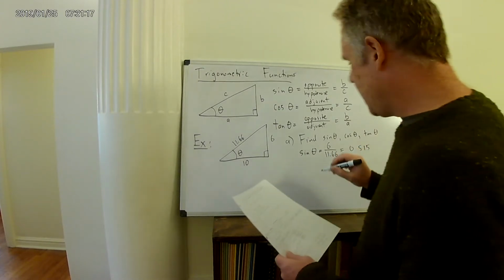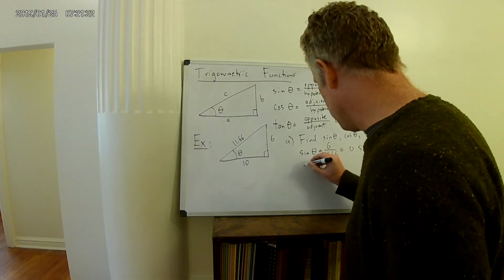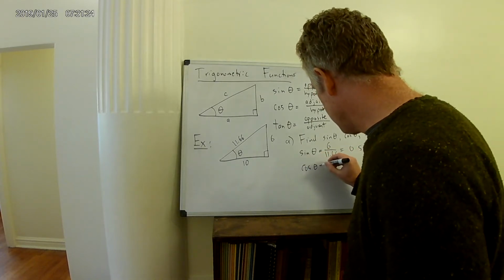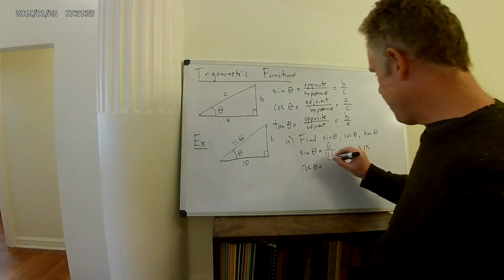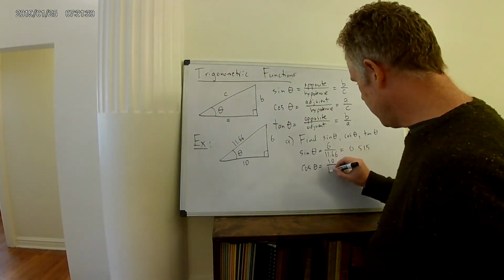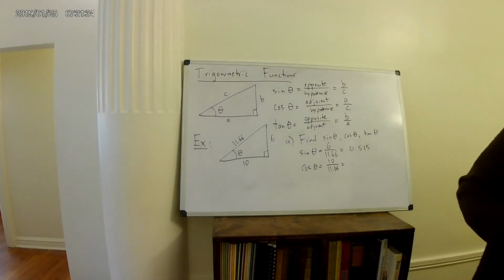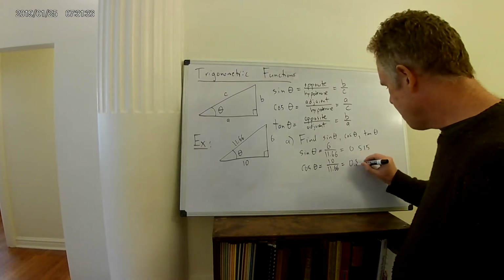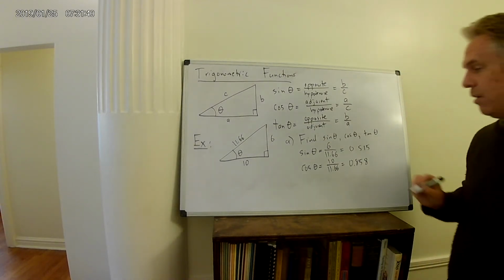Then I also want to find the other trig functions. The cosine of that angle is equal to the adjacent divided by the hypotenuse. That'll be 10 divided by 11.66, and this comes out to 0.858. That's the value of the cosine of that angle.